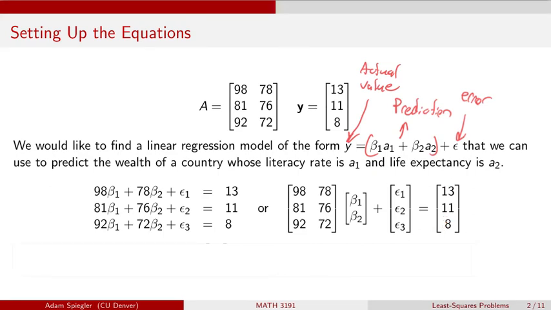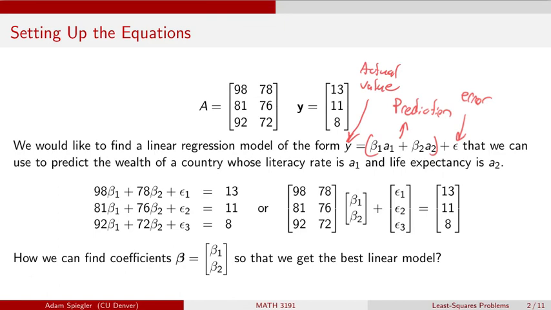The problem that we're considering now is how can I find the vector beta of coefficients, beta 1 and beta 2, so that we get the best linear model. In other words, I want to find values for beta 1 and beta 2 so that our predictions are closest to the actual values, that we're minimizing the error in all of these predictions.